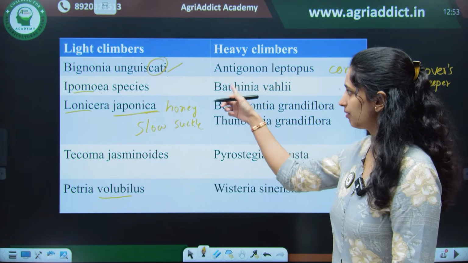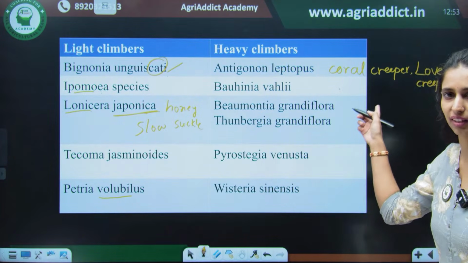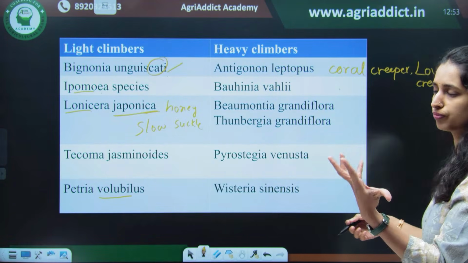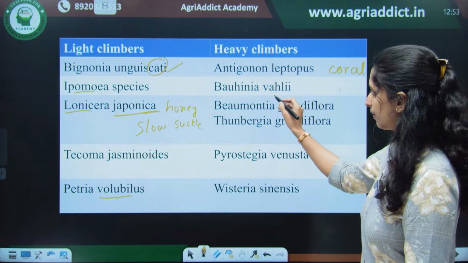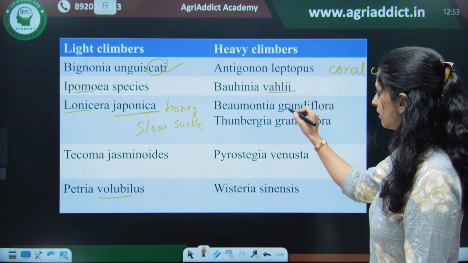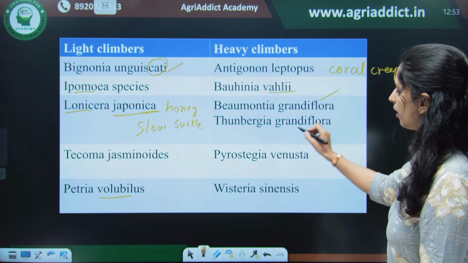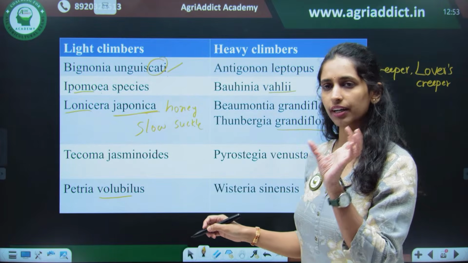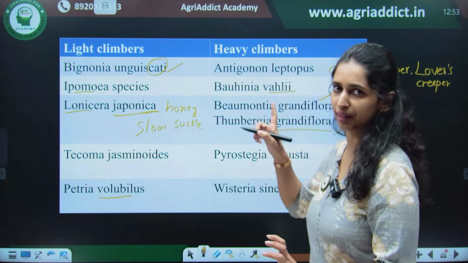So they call it a coral creeper or lovers creeper. Maybe it's pinkish, वो flower bouquet जैसा लगता है. And Bauhinia vahlii, Bignonia magnifica, Thunbergia grandiflora. As I told, grandiflora word आया तो वो heavy climber है.